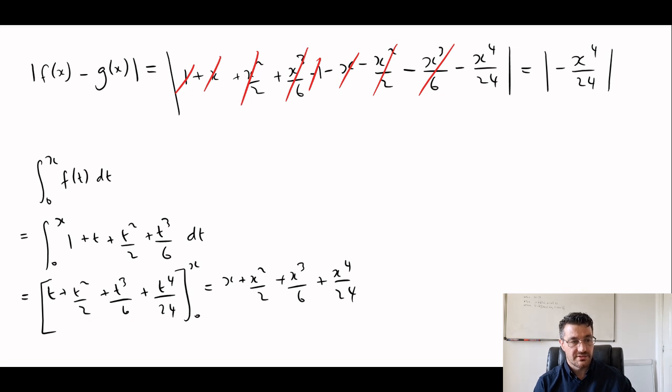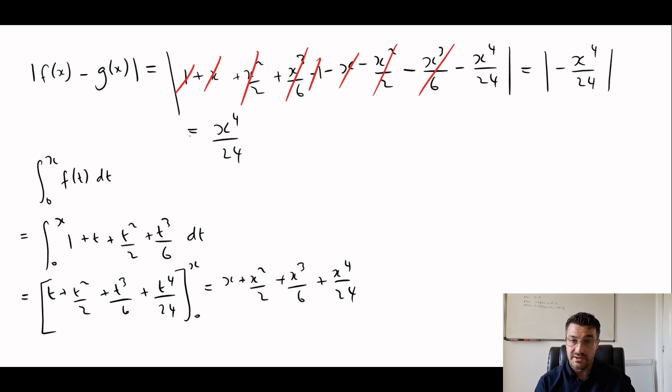And for the maximum value, so the maximum value of this is going to be of x to the power of 4 over... Okay, so I can get rid of the minus sign, actually. So it's just going to be x to the power of 4 over 24. Since x is positive, x is greater than or equal to 0.